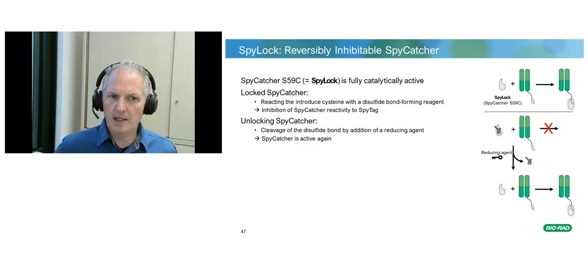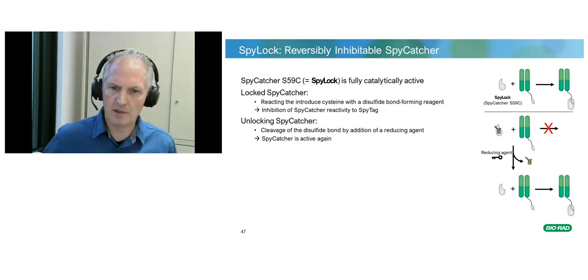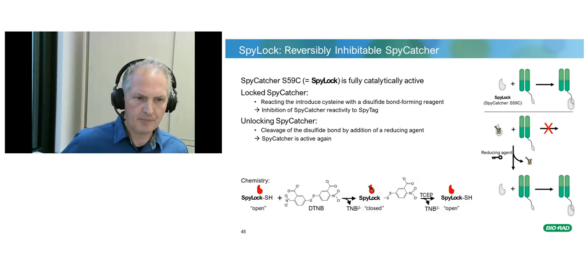And by adding a reducing agent, we can cleave this disulfide bond and our SpyCatcher is active again, shown here by the formation of the coupled antibody.